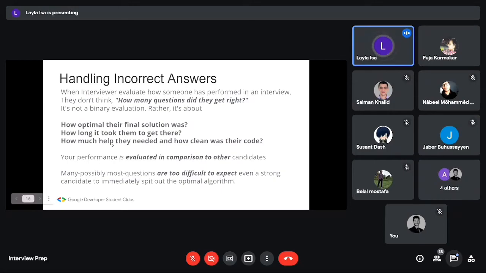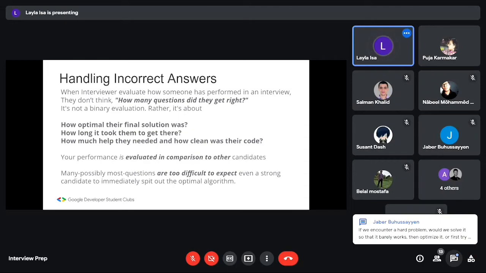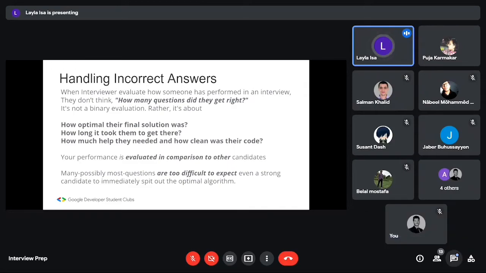How long it took you to get there is very important. How did you get there, and what did you use to shortcut these steps? How much help did you need, and how clean was your code? It's very important to have clean code.